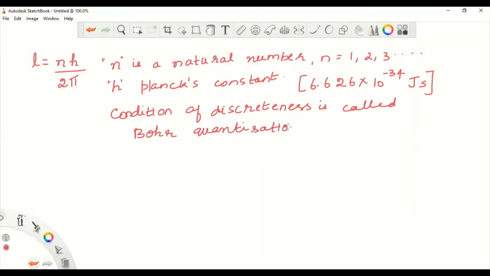We will learn about this in detail in our 12th chapter.